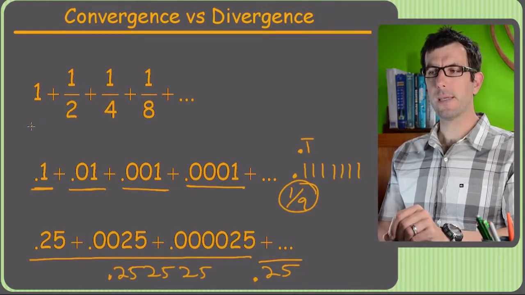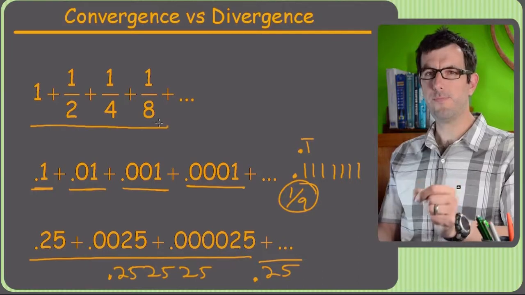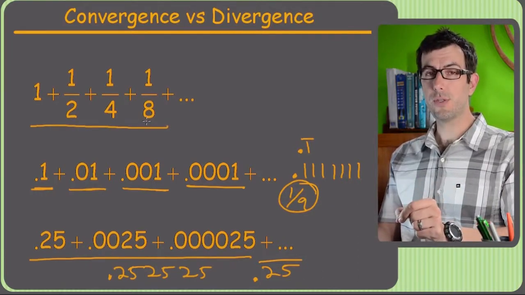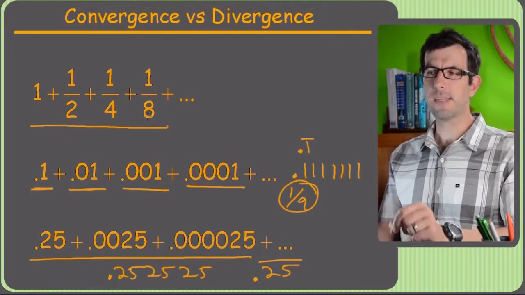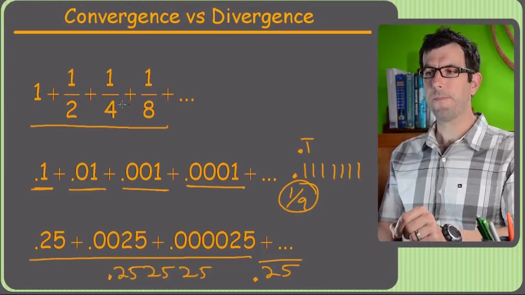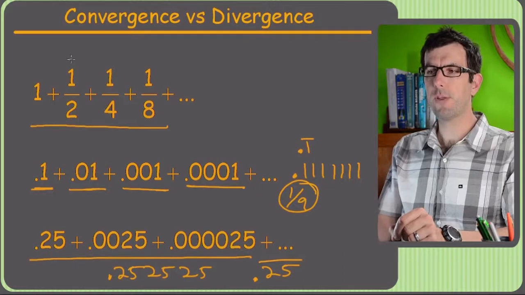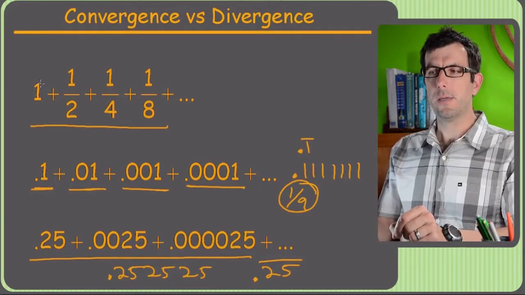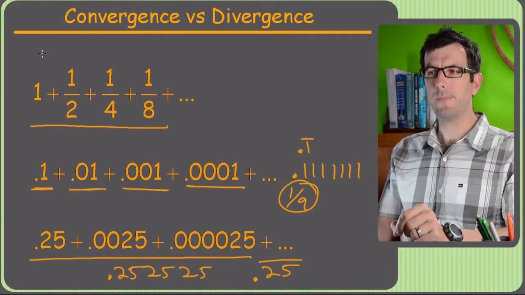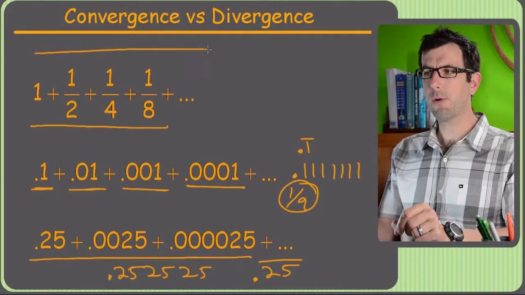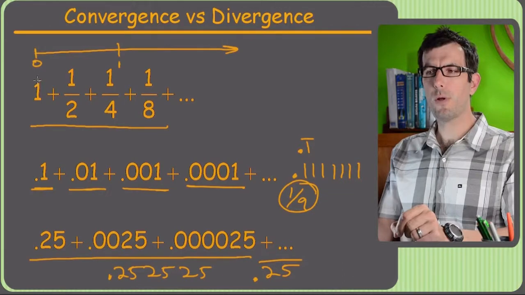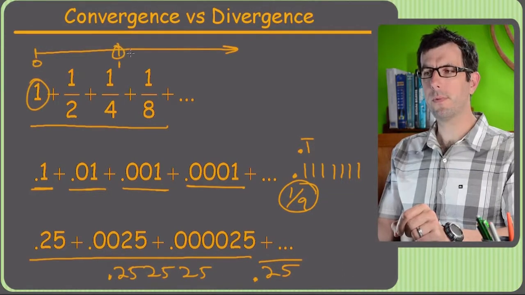And this one, we'll go back to this. This is a classic that I just want to bring your attention to because you'll see it frequently as an example of a fun series that adds up to an easy number, which is 2. So if we look at the number line, start at 0. After the first term, we're already at 1.